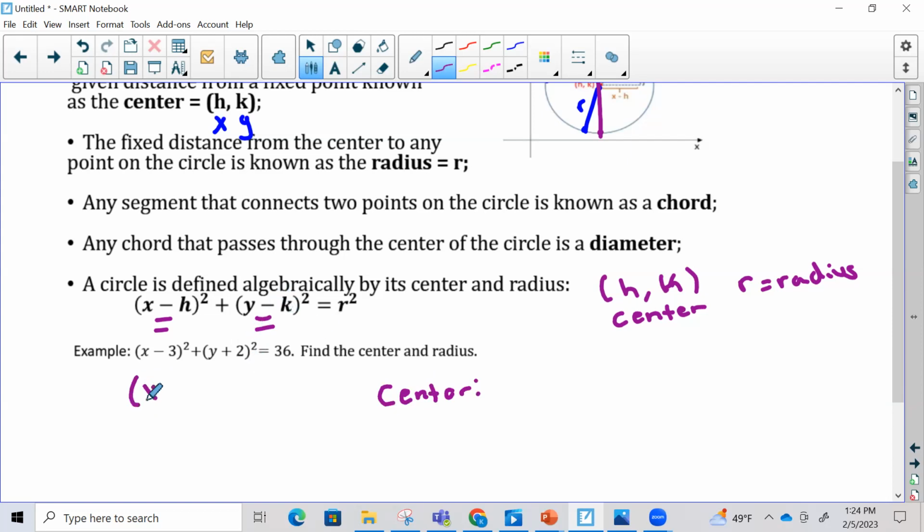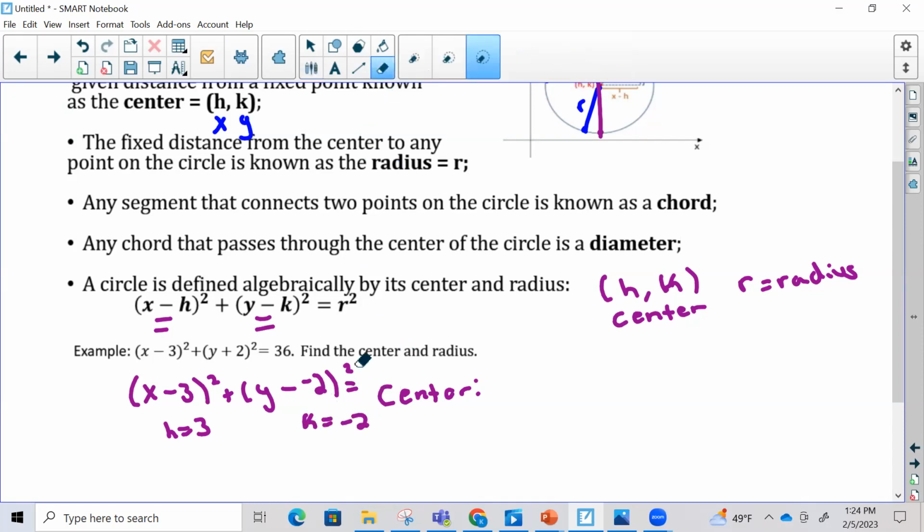So this first one is fine because it's -3. So 3, like my h is 3. But the second one, I really want it to be y minus. And because it's +2, I would need it to be minus a -2 because minus a negative is the same thing as plus. And so my K is -2. And so it's really just the opposite sign of what is in the equation.